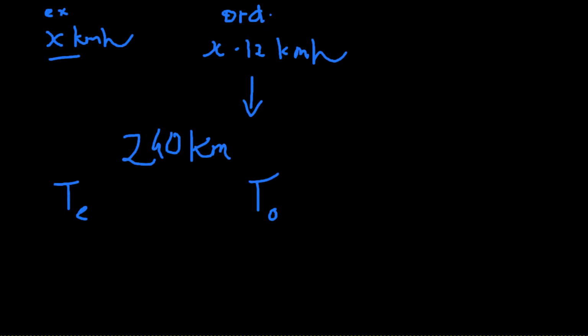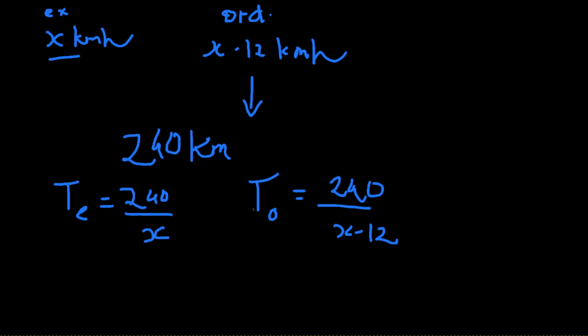For the ordinary train, we could write 240 upon x minus 12. Here there's no minus 12, so just 240 upon x. And the most important information here is that the ordinary train takes 1 hour longer, right? So we can write that this time is 1 more than this time.